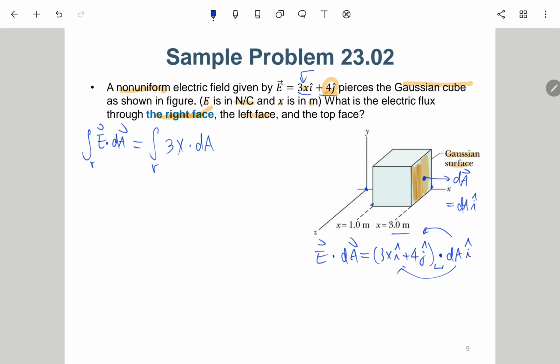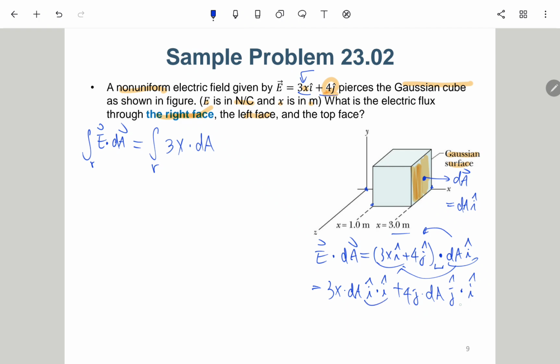It will be 3x times dA times i dot i. The 3x dA is the magnitude, so put it in the front, and then we only have i dot i for the first term. For the second term, 4j times dA, and then we have j dotted with i.